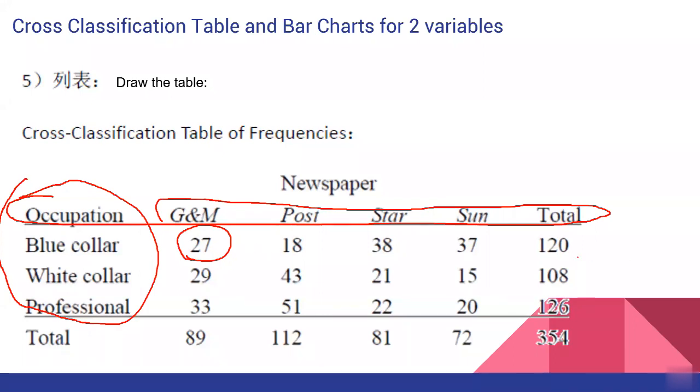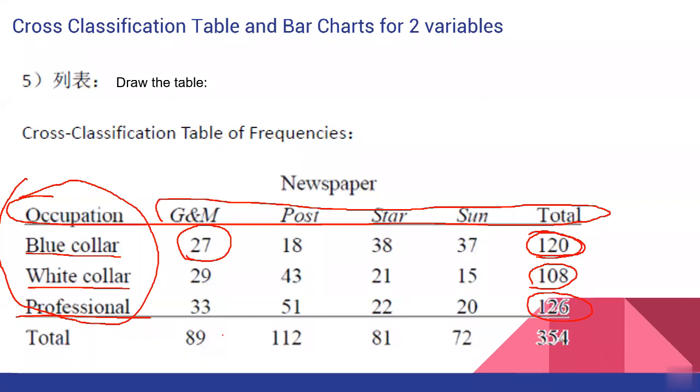All right, and for each row, for example, the 120 here is the total number of blue collars, and 108 here is the total number of white collars, and 126 here is the total number of professionals.